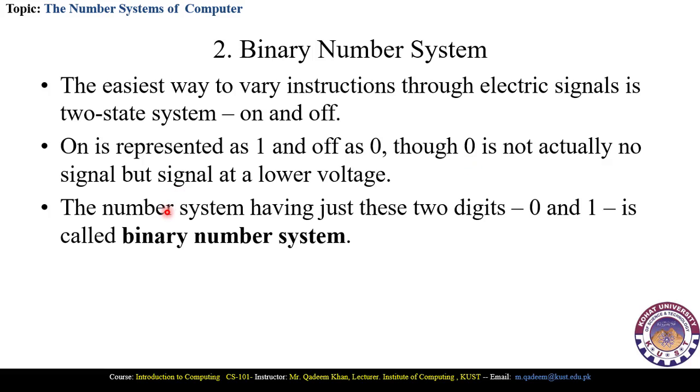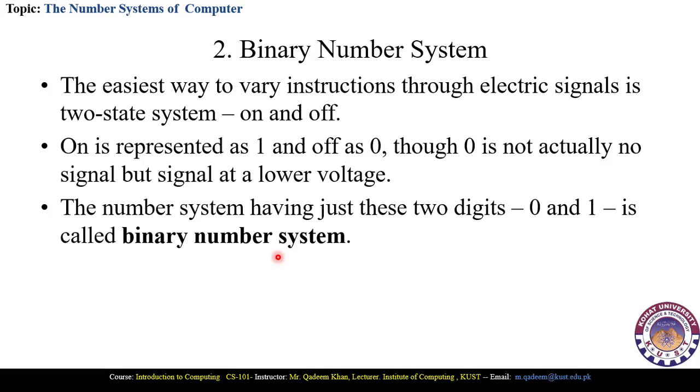Similarly, the number system having just these two digits, 0 and 1, is called the binary number system. This is an important number system because the computer understands only binary, not other number systems, since the computer takes signals in the form of electrical signals using certain circuits, and these circuits are either on or off.